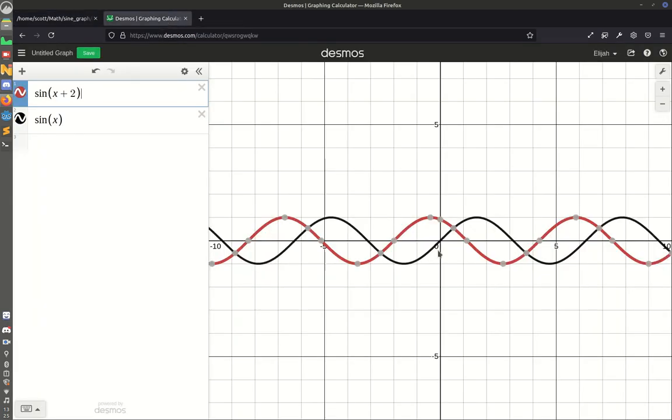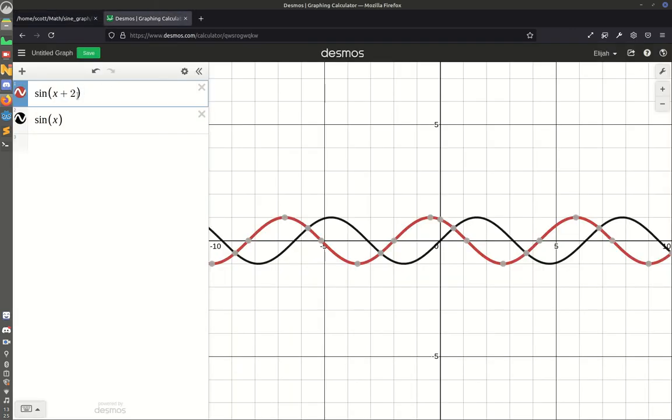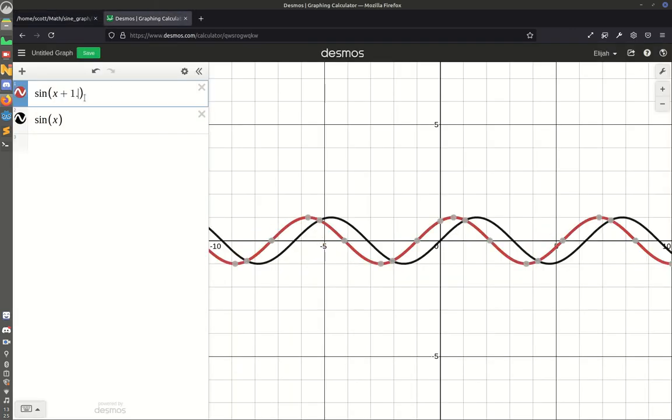Now, it looks like it's moving left and right, right? When you just look at our graphs, it seems like they're shifting left and right when we add on constants, but that's not actually what's happening. You see, let's take it to, what's this value? 1.08, okay? Let's add 1.08 to this.